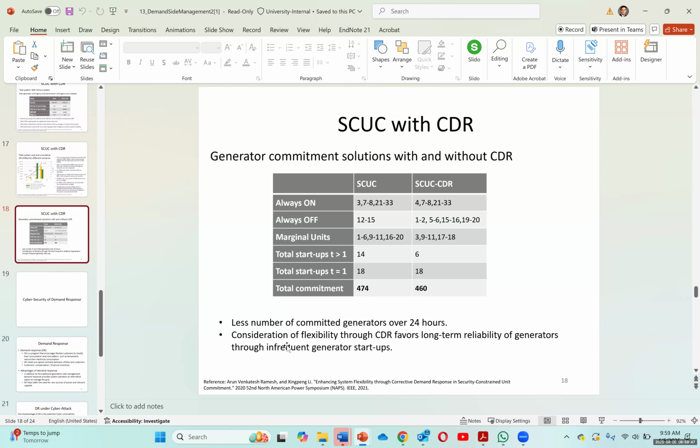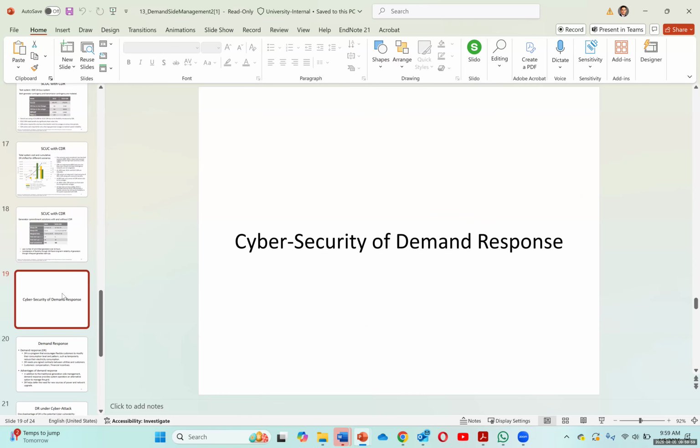So consideration of flexibility through CDR favors long-term reliability of generators through infrequent generator startups. Now, we learned that the CDR gives us significant advantages.